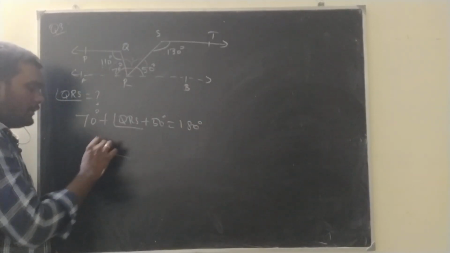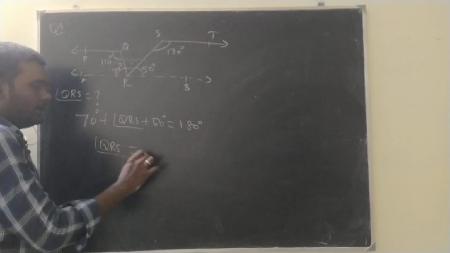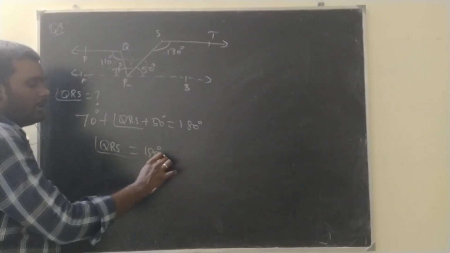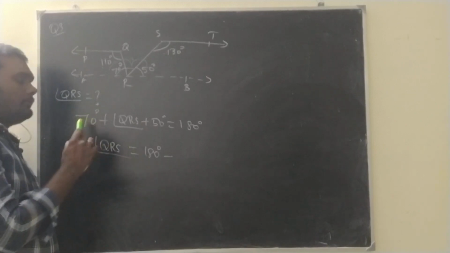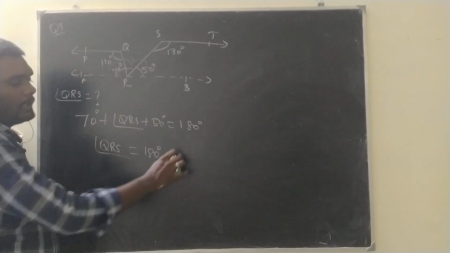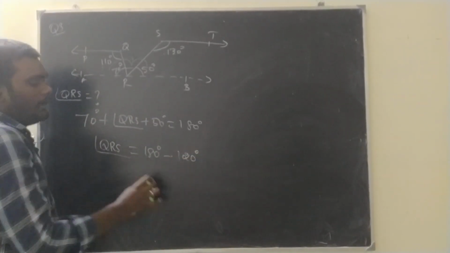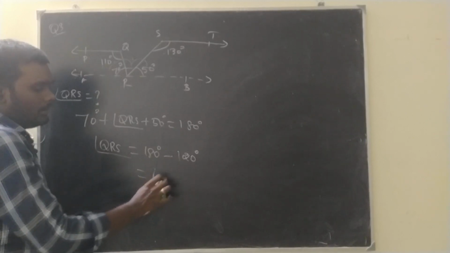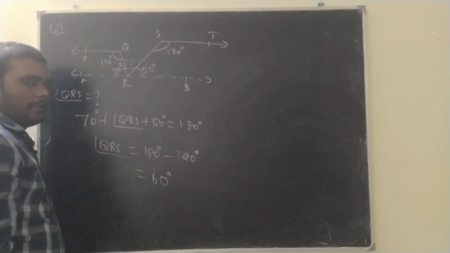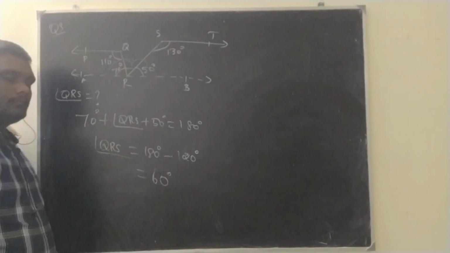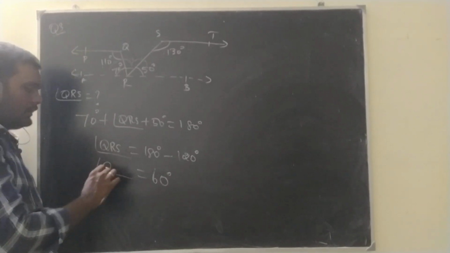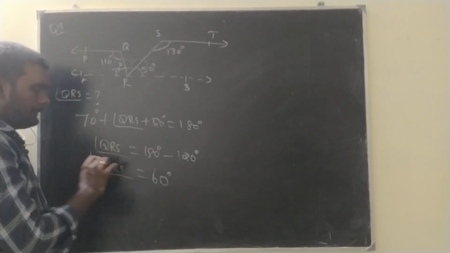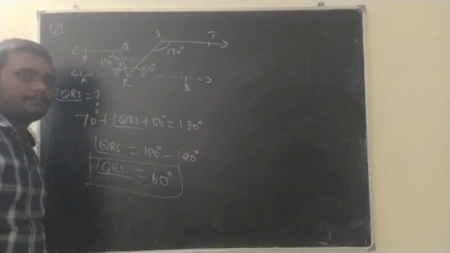Then angle QRS is 180 degrees minus 50 plus 70, which is 120. 180 minus 120 is 60 degrees. Okay, that is the value of QRS. That's it.